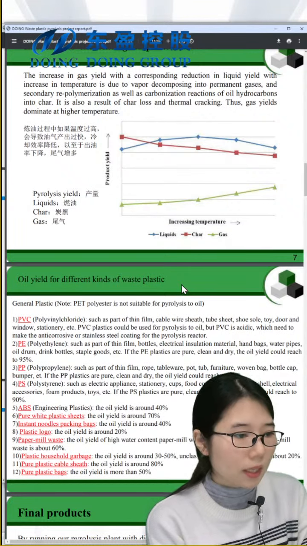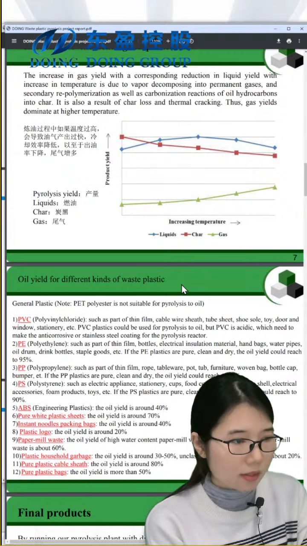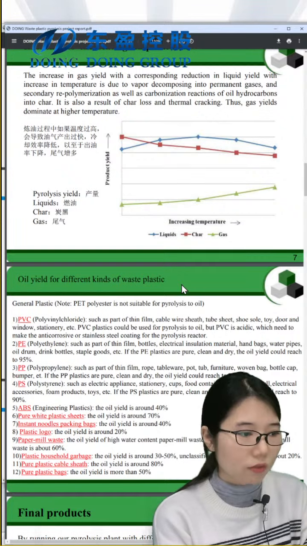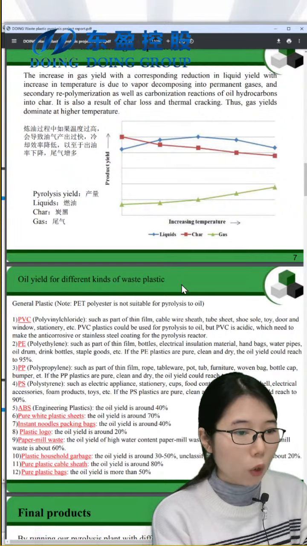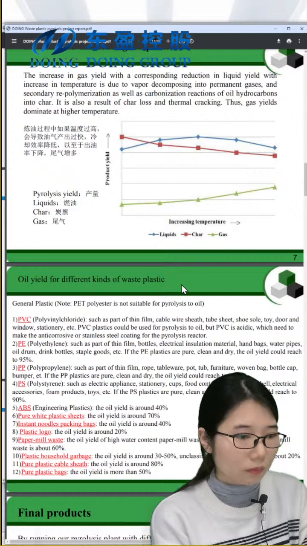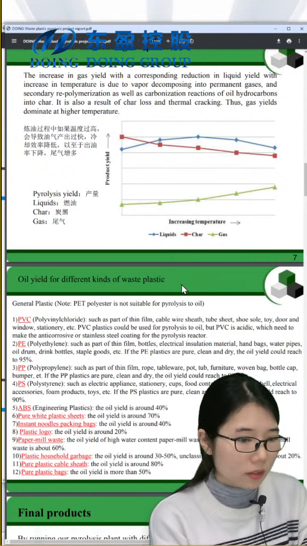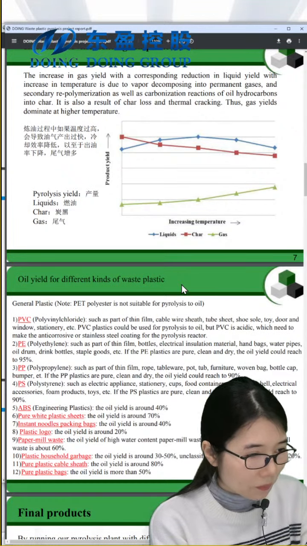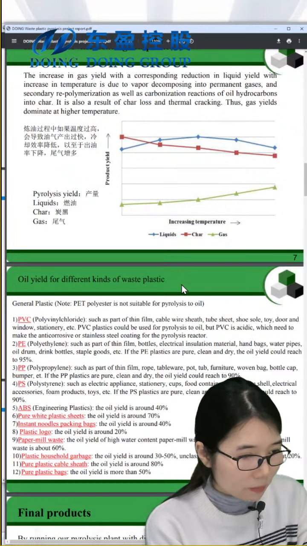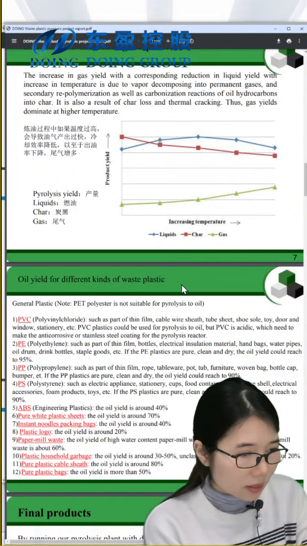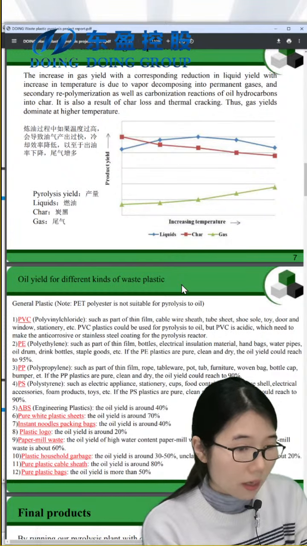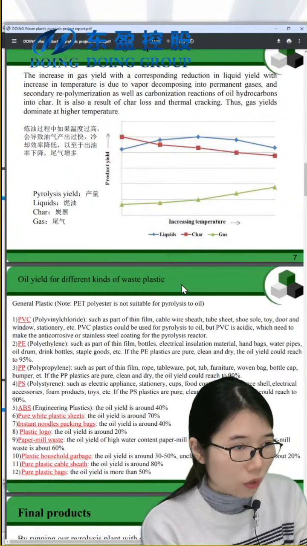Just like PE, PP, PS, for these three kinds of plastic, you can get very high oil yield. But for some ABS or some packing bags and others, maybe the oil yield will be lower.